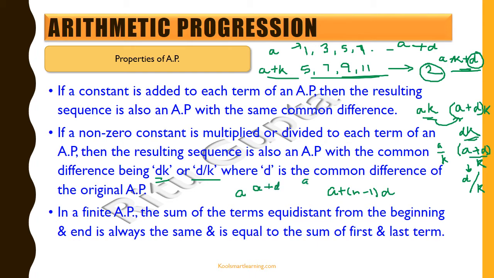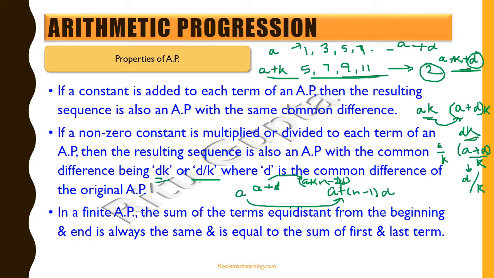The second term from the last is a plus (n minus 2)d. So if we add the first and the last term, we get 2a plus (n minus 1)d. And if we add these two terms, we again get 2a plus (n minus 1) into d.